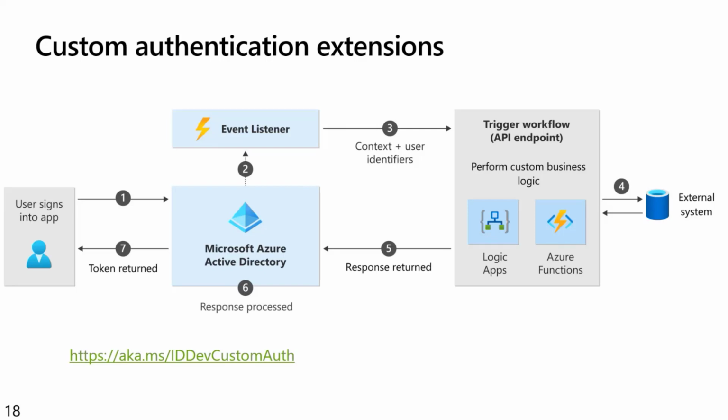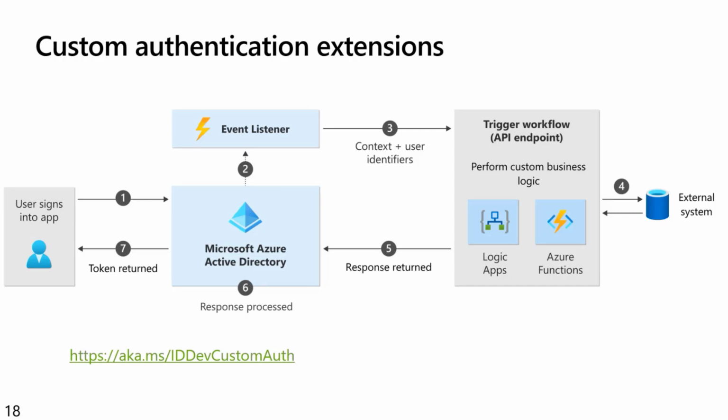And if that's the case, we'll go off and call your own API. This could be provided by an ISV. It could be provided by yourself as a line of business developer. But we're going to call your API, and your API in this case is going to have the ability to inject additional claims from whatever system you have. You can make them up. It could be hard-coded. It could be a database query, whatever it is that you do in order to determine what the right information that needs to be in that token is.